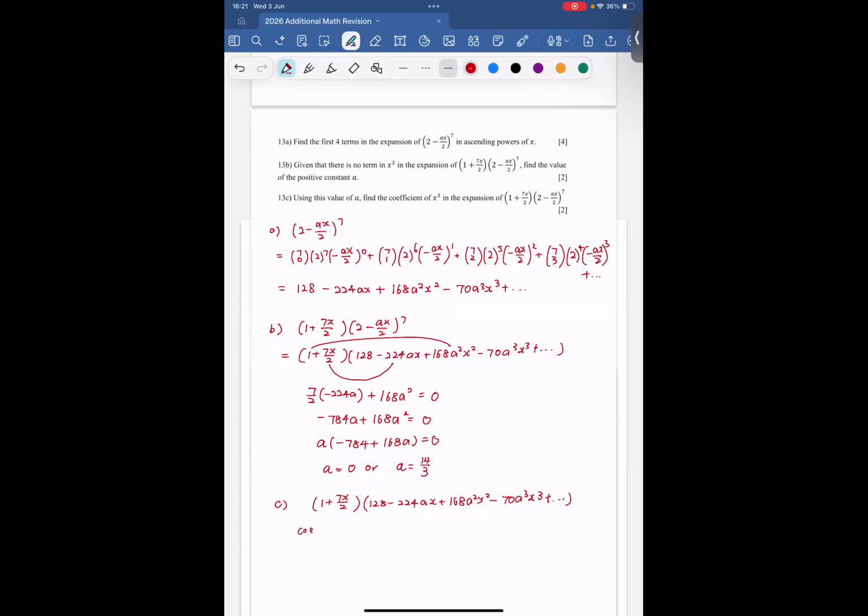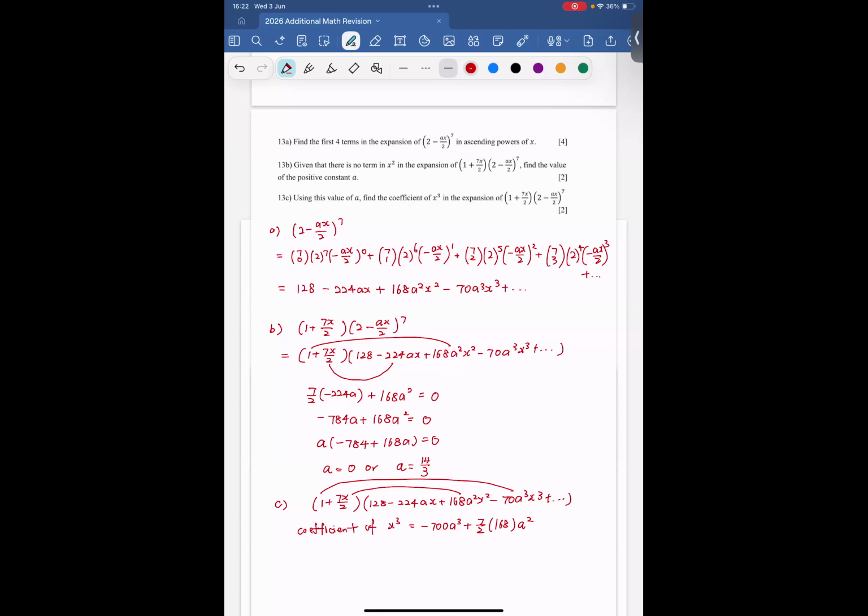So the coefficient of x cubed: 1 times this, negative 70a cubed, plus this times this, 7 over 2 times 168a squared.